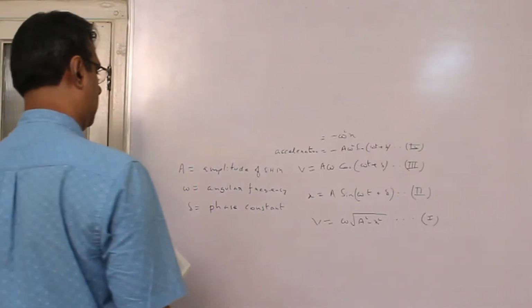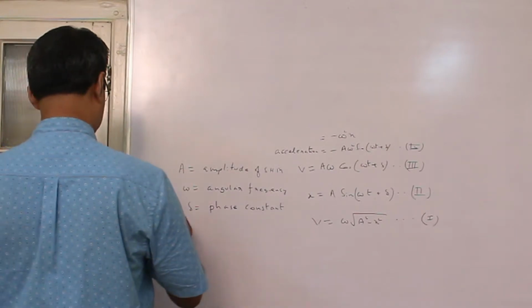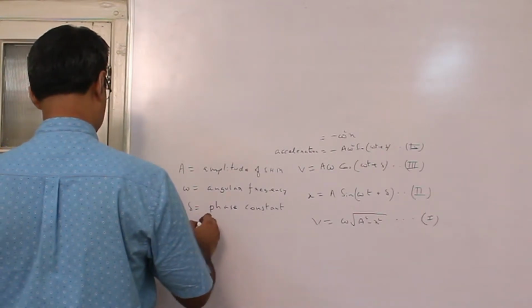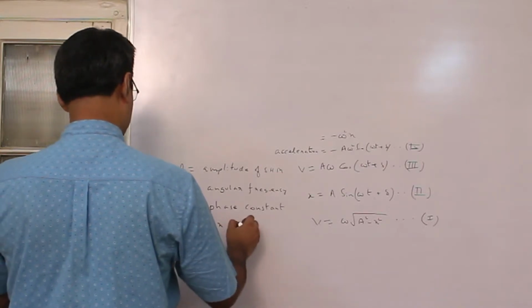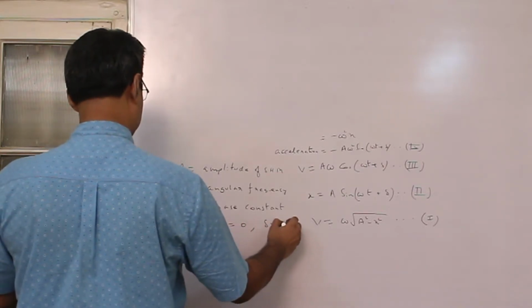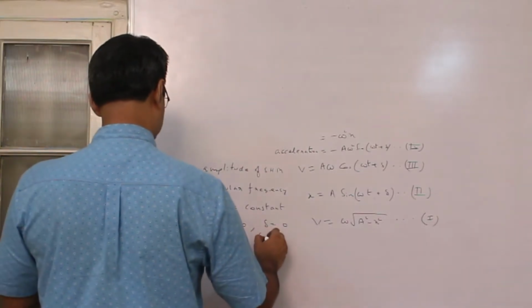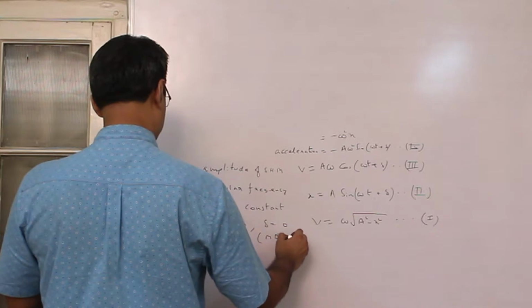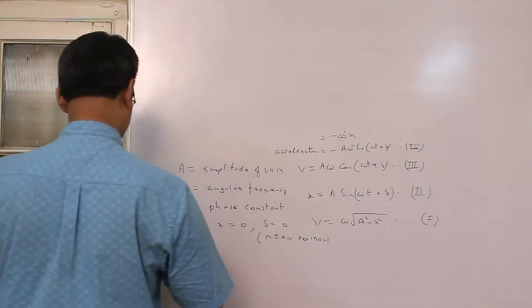And delta is called the phase constant. For example, at t equal to 0, if x is also 0, then delta is 0. So that means the particle is beginning the simple harmonic motion from the mean position.